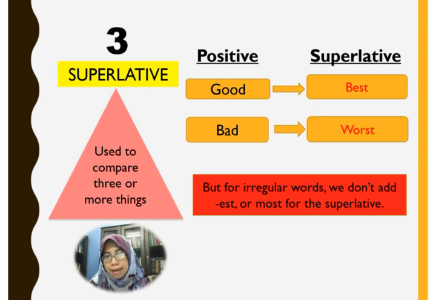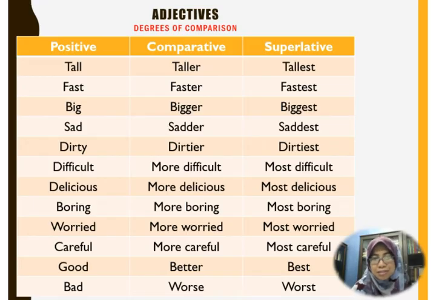Good, bad, worst. Okay, here is the summary. As you can see here, there are three forms of degree of comparison: positive, comparative, and superlative. For example, tall, tinggi, taller, lebih tinggi, tallest, paling tinggi. You may notice that we have to add -er for comparative, and -est for superlative, but not all the words.